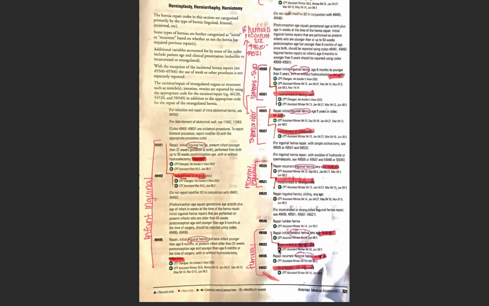Then you have your femoral hernias down here from 49550 to 49557. And then on the next page is your incisional and ventral hernias and your epigastric and umbilical hernias. As you can see, there's one code for reducible, and the indented code underneath it is for incarcerated or strangulated.